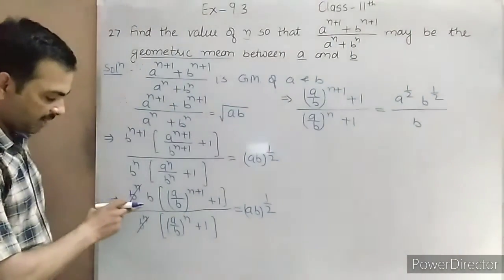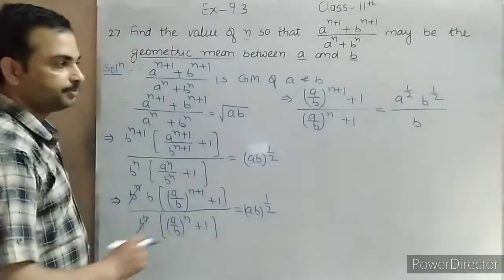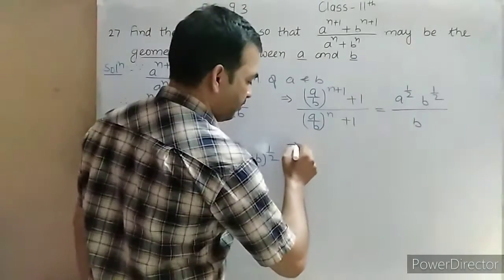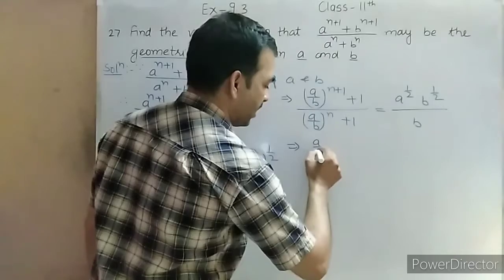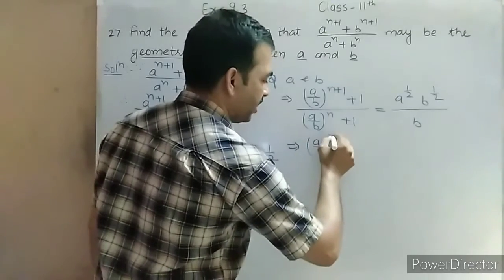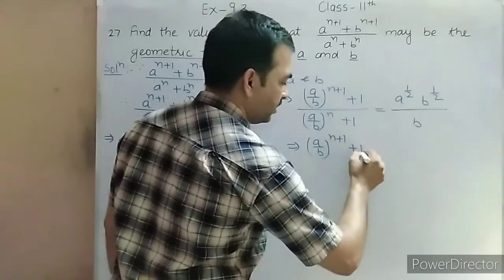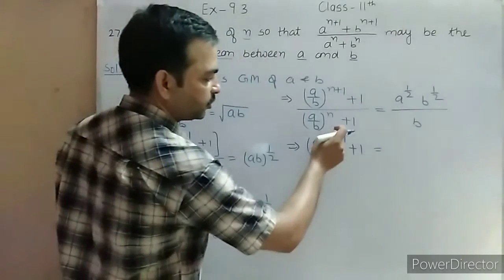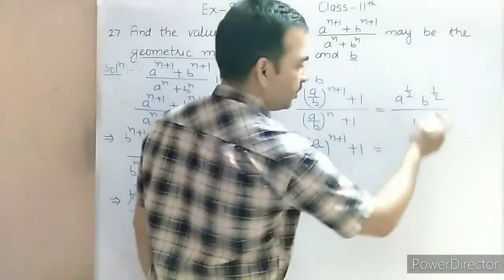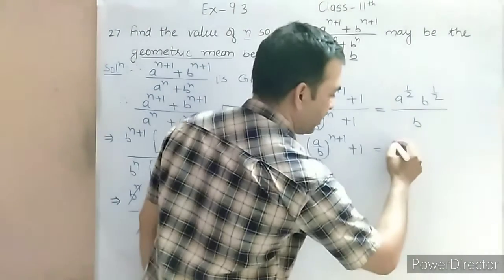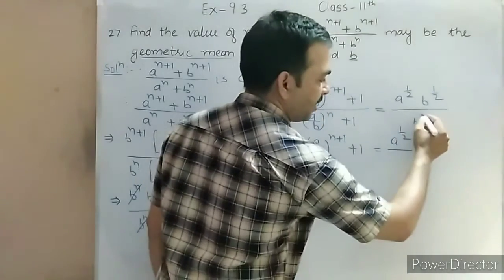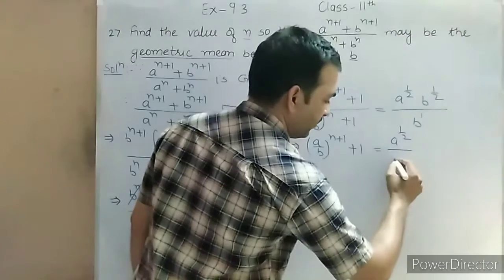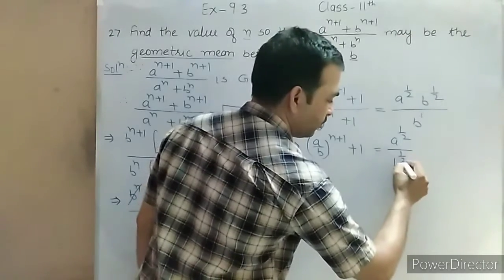Division by this b into the right hand side. This again implies, cross multiplying by this term, we get a^(1/2) divided by, this is power 1, and we get b^(1/2).